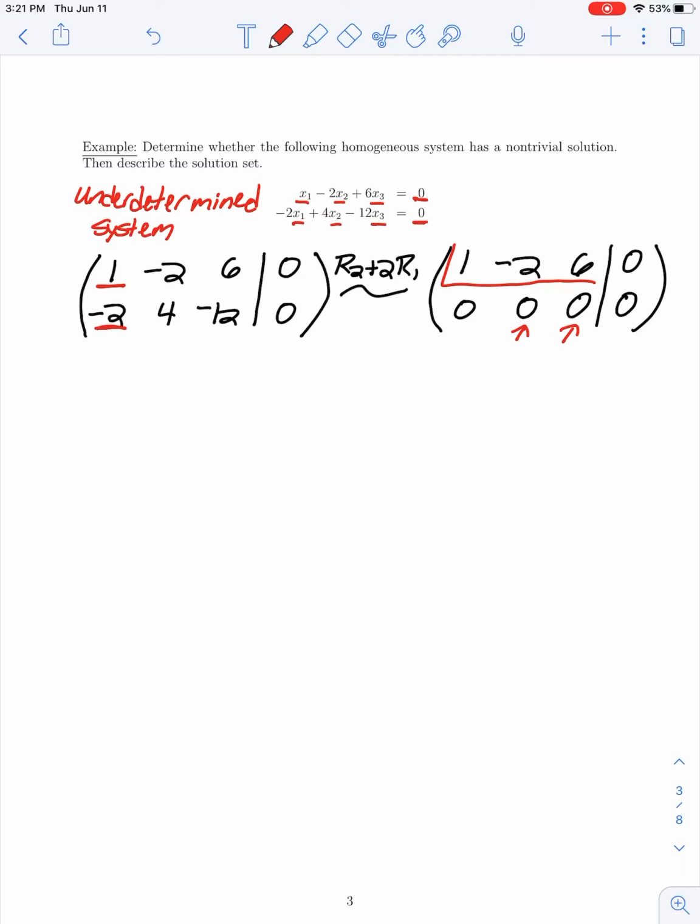There is no restriction on what we can choose for that value. So in this example, let's choose two free variables. Maybe x2 for the second column. Let's call our choice of x2 t. And x3, the variable for my third column, let's call it a different choice, maybe s, be free variables.